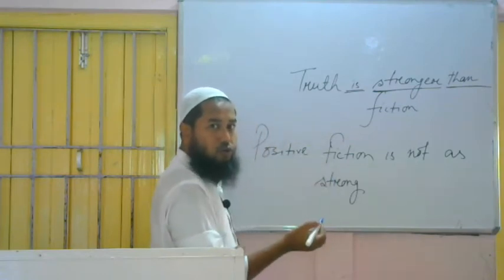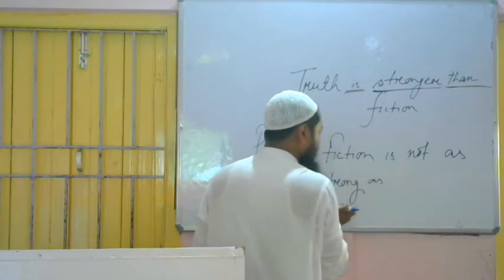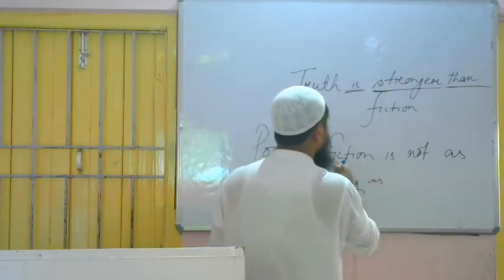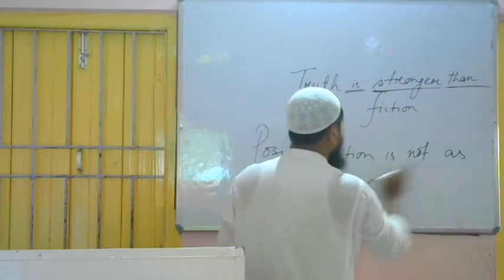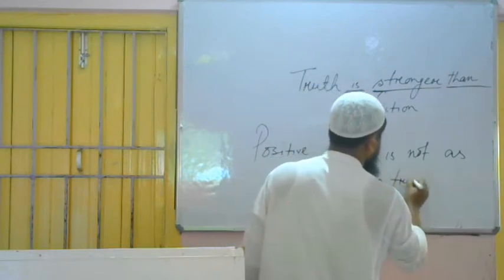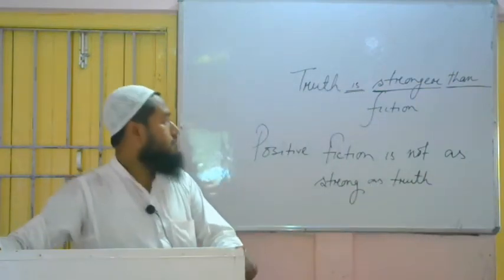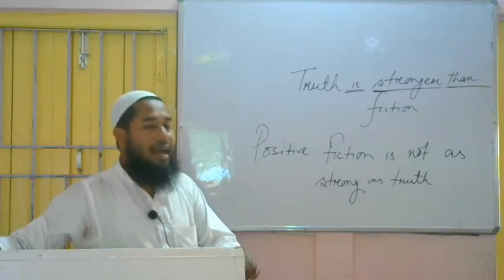Then once again we have to use as, because in positive degree what I said? As, positive form of the adjective, then once again as. So we have written: fiction is not as strong as truth.